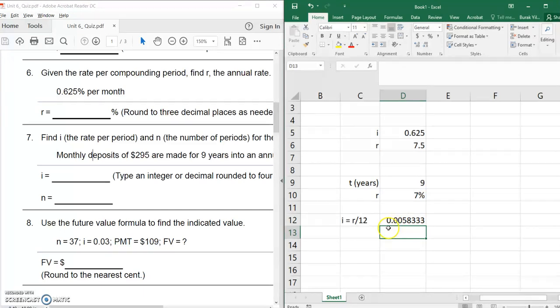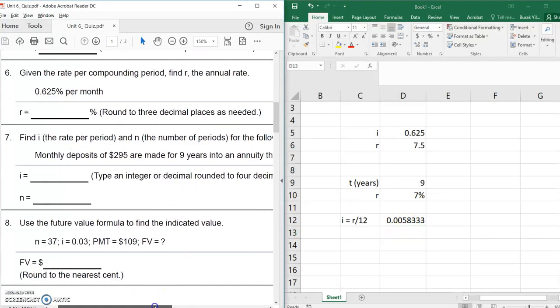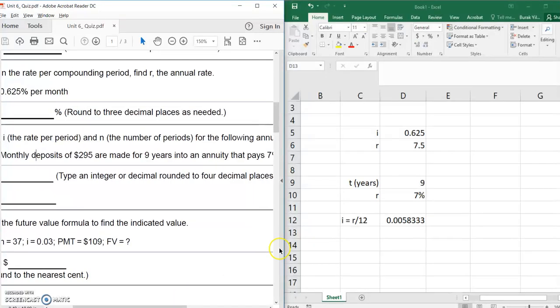So your answer would be, and this is again in decimal, rounded to 4 decimal places, 0.0058.